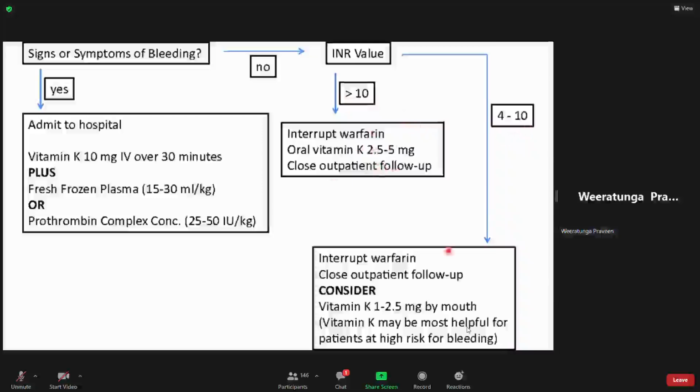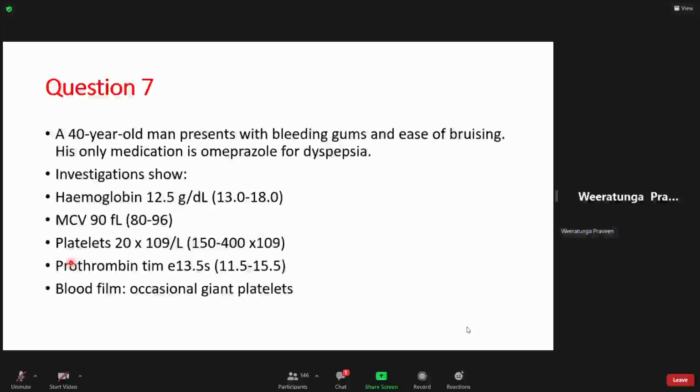If it's between 4 and 10, nothing much needs to be done, stop the warfarin and follow up as an outpatient, but consider giving a lower dose of vitamin K. But here this patient has life threatening bleeding and clear melena, so the treatment is vitamin K, stop warfarin and PCC, that is the best. If you don't have PCC give FFP. This algorithm is important, they ask questions on best response.